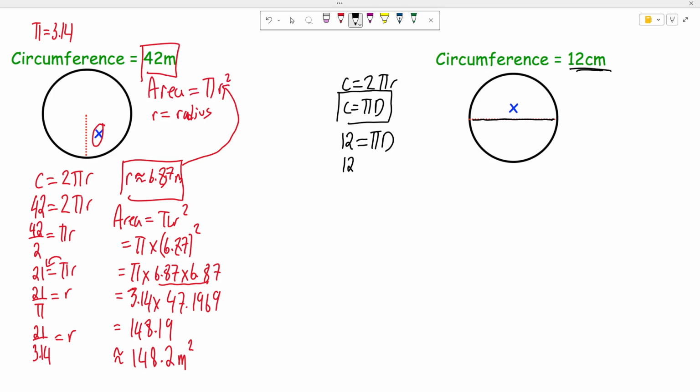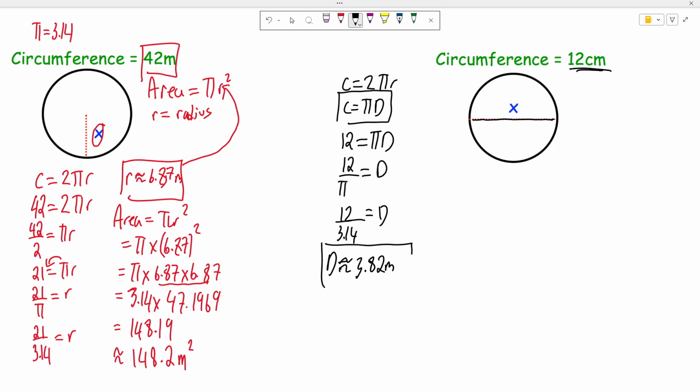Now 12 over pi is equal to d, which is the diameter. Now let's say the value of pi is 3.14. So 12 divided by 3.14 is going to give us the diameter, right guys? Now 12 divided by 3.14 is going to give, so the diameter will be approximately 3.82 meters.